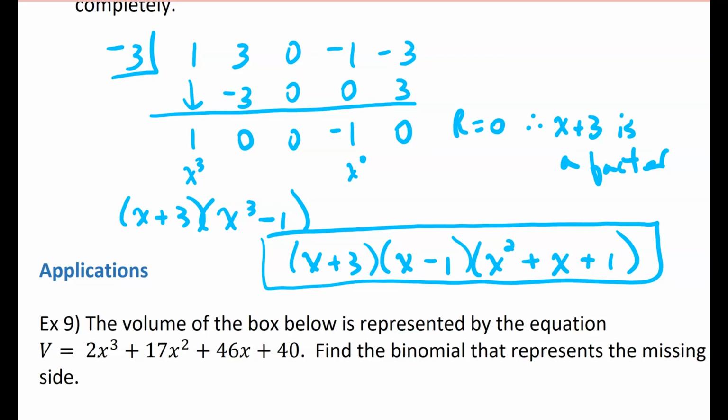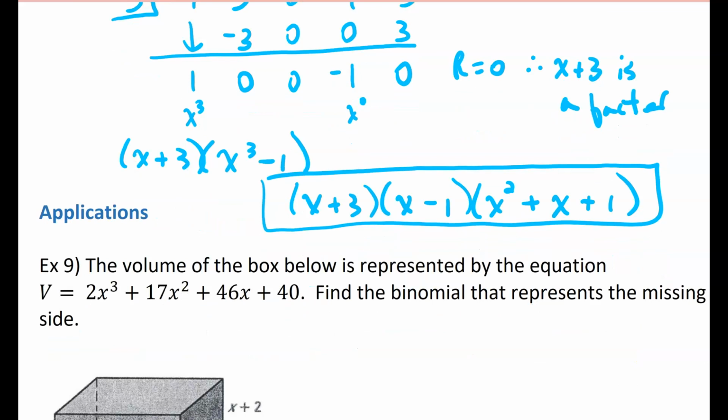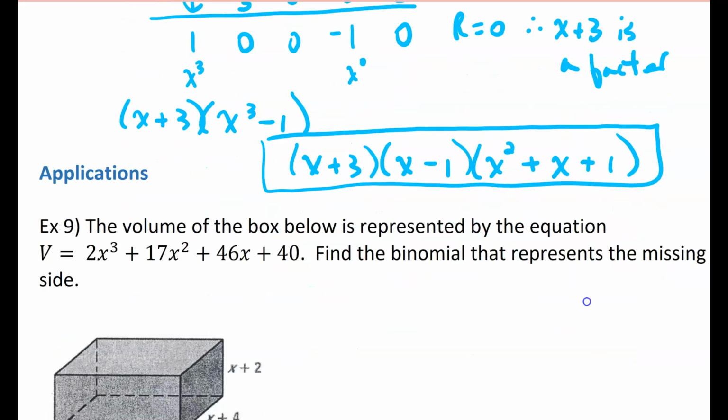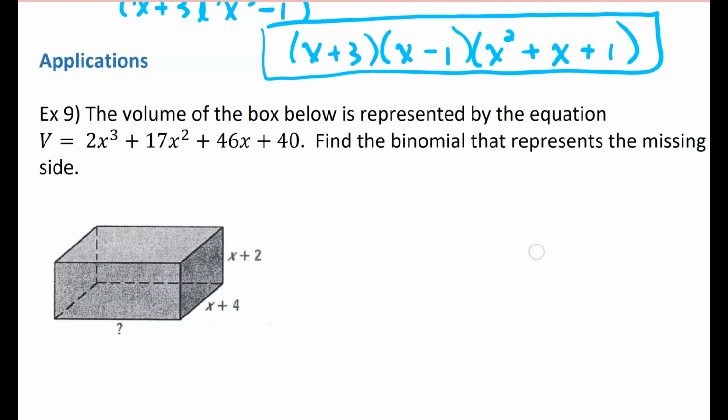Okay, so this last part we just have a couple application problems. Yay. Everybody's favorite, right? Okay, so we've got this box here, and it tells you that the volume is represented by this nice, long, fun equation here.